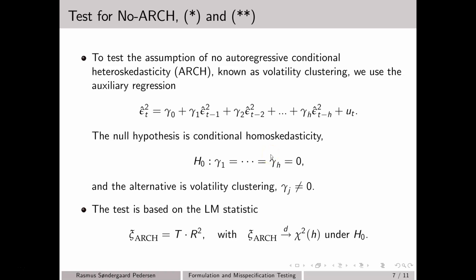Again, we can consider a Lagrange multiplier statistic based on the R squared from this auxiliary regression, and under the null hypothesis, the test statistic is chi-squared distributed with h degrees of freedom. Note that this test holds for both the linear regression models and the ARMA class of models.